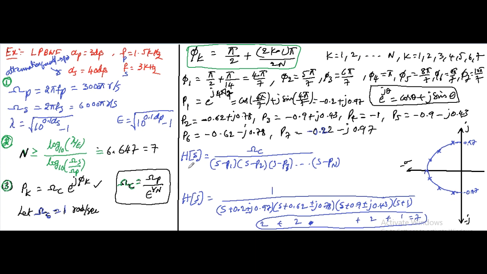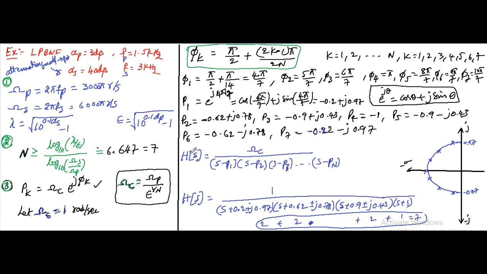Then finally write the analog transfer function. So this is the standard procedure to define the analog transfer function using Butterworth. And later we have to convert this analog transfer function into a digital transfer function using transformation techniques. Those transformation techniques are the impulse invariant method, bilinear transformation method, and approximation of derivative method.